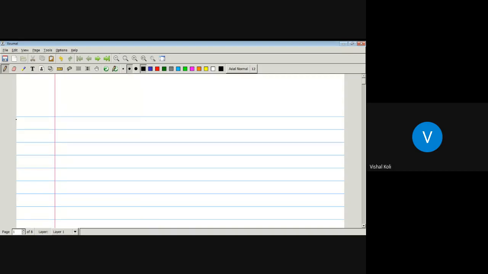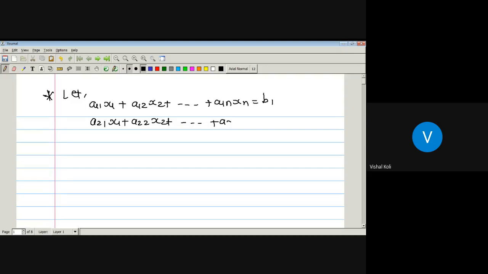Okay, now suppose that a11 x1 plus a12 x2 plus up to so on a1n xn is equal to some b1, a21 x1 plus a22 x2 plus up to so on a2n xn is equal to some b2, and up to so on.